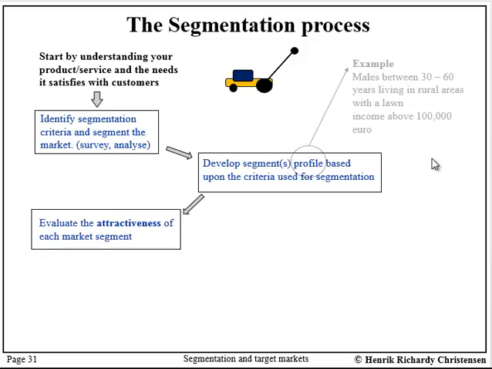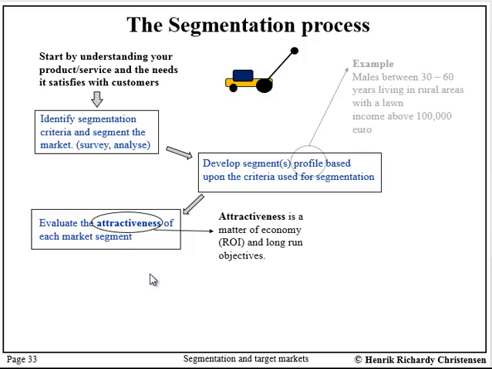So, having developed these profiles, we should probably go in and make an evaluation of the attractiveness of this market segment. And actually, we will make this evaluation for each identified market segment that we have. So how do we make this evaluation of the attractiveness?